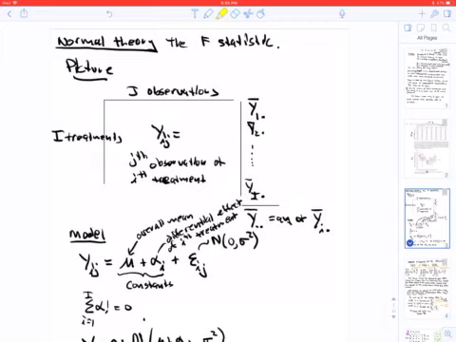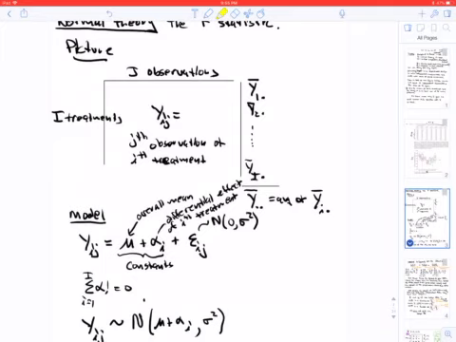Y bar 1 dot represents the average for the first treatment, and so on. Y dot dot represents the overall average of all the yij's, or also the mean of the means.